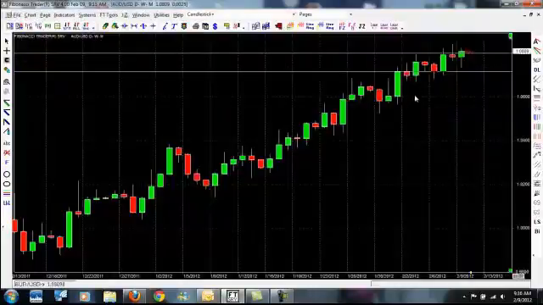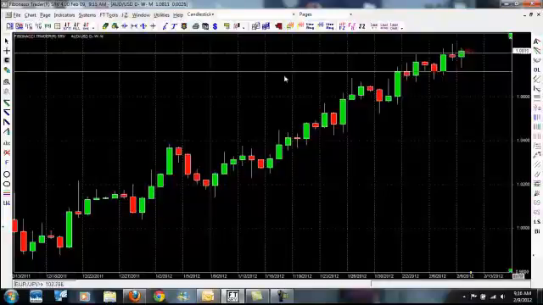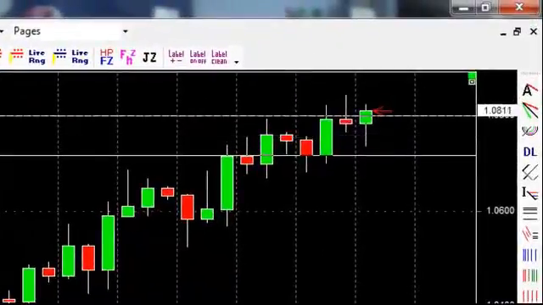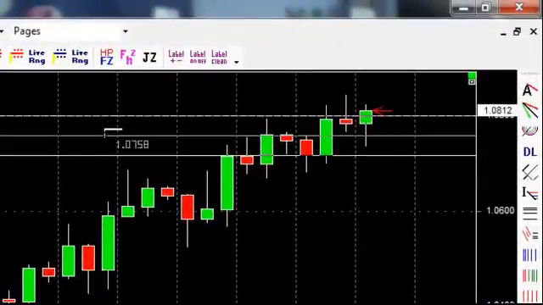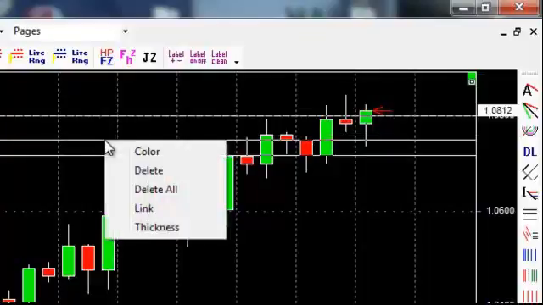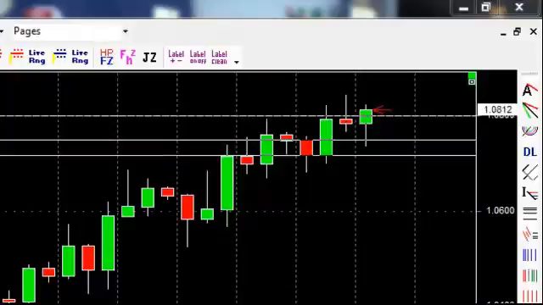Okay, now this is just a simple chart, but we actually sold, where did we sell? Right in here on this Australian dollar US dollar pair at 1.0750. Okay, just make that green so we can see it.